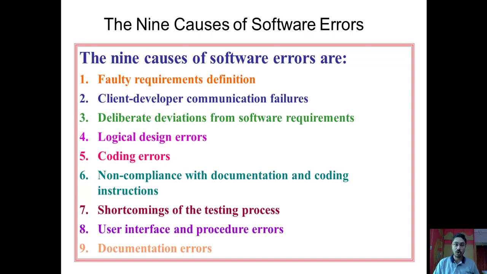So that is another cause of the problem. Then there are logical design errors, then coding errors, then non-compliance with the documentation and coding instructions. This is one of the major causes of the problem.